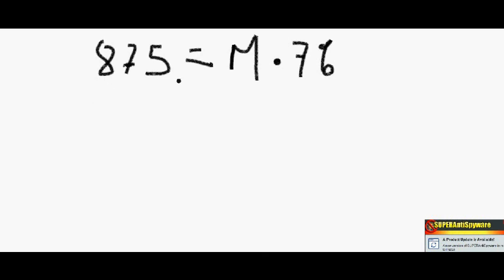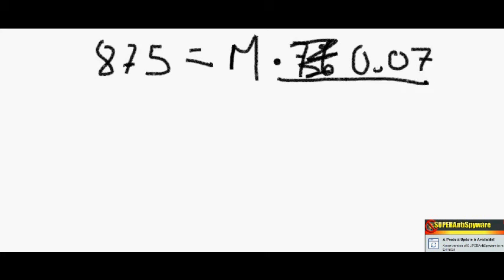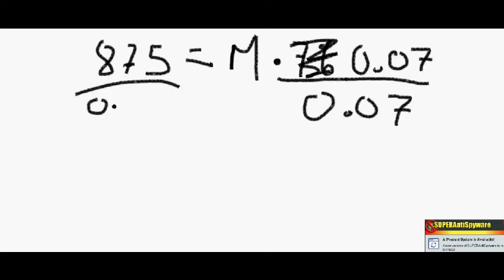All we have to do now is find out what m is. To find m, we have to divide both sides by 7%. Another way to write 7% is 0.07. Same here, divide this by 0.07.